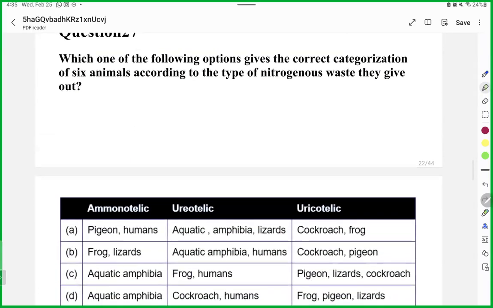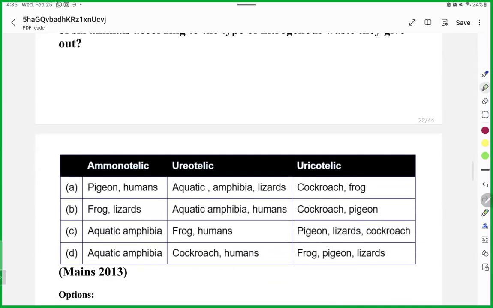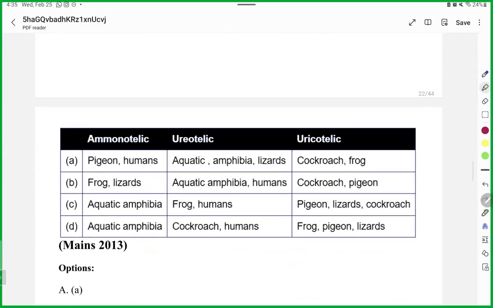Jordan. Correct categorization. Ammonotelic aquatic, frog, lizard. So options A and B we can omit. B and C, ureotelic can be frogs and humans.